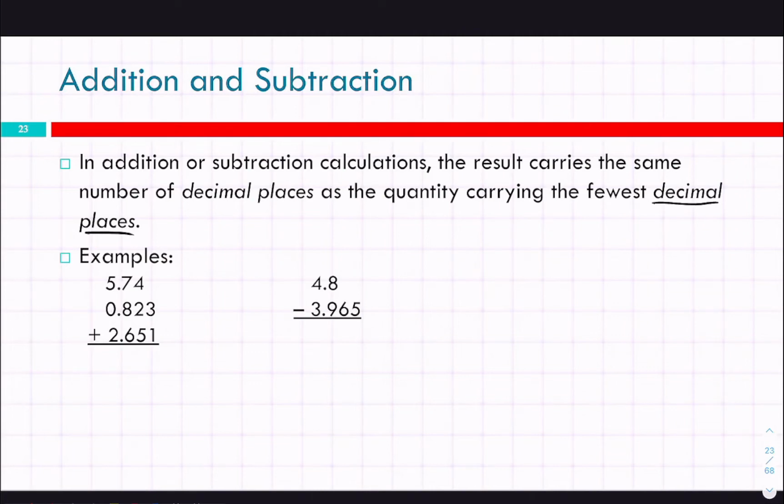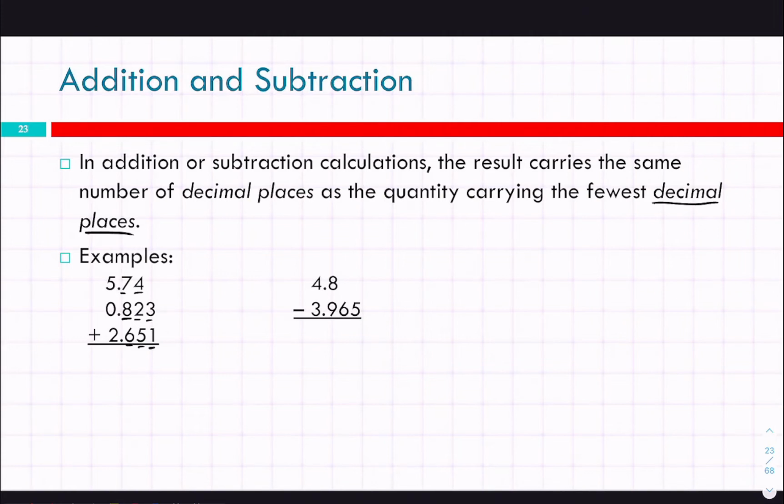So for this first example, if we look at just the places, and for these calculations it can be easier to write them stacked, like you would to do them by hand, because then you can see all the decimal places lined up. 5.74, 2 decimal places. The rest of those have 3 decimal places, right? So it's how many numbers come after the decimal.